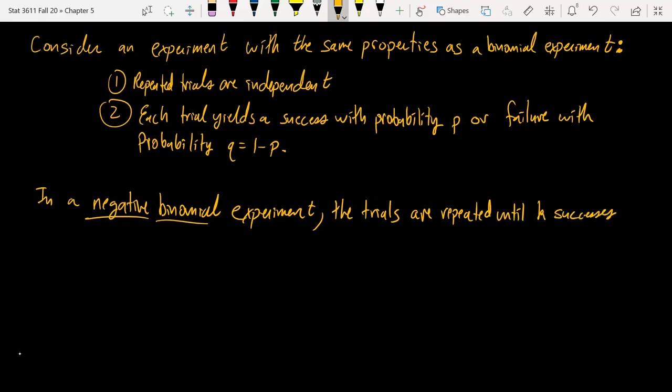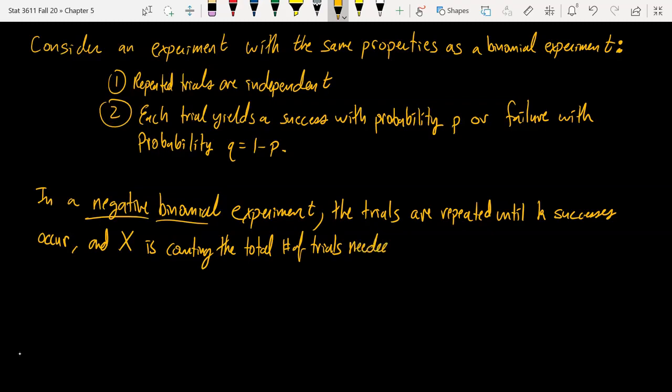So x, a random variable, is the total number of trials needed. Negative binomial experiment.